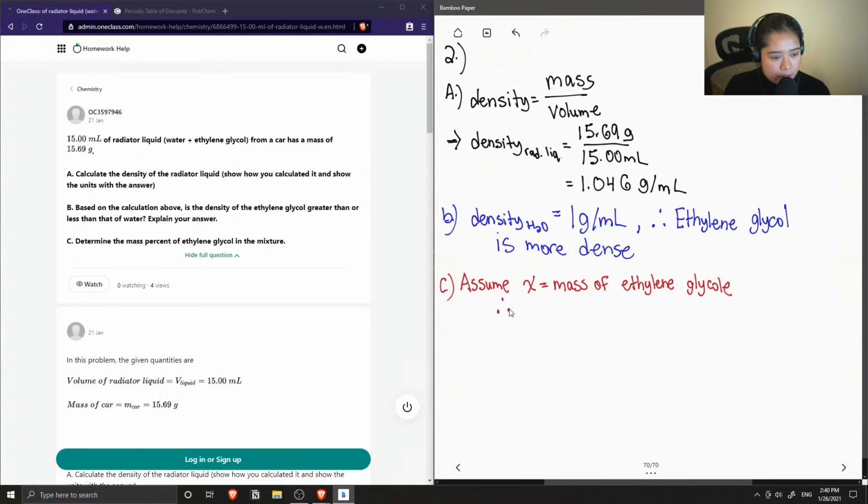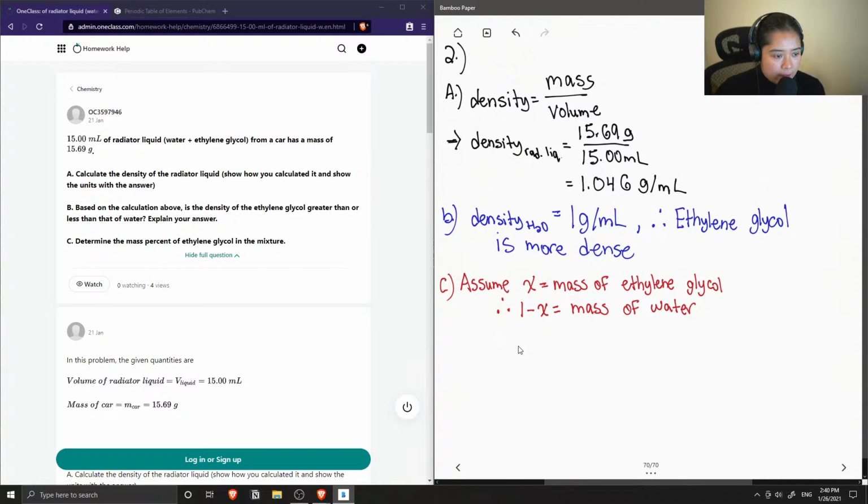So in a mixture containing only water and ethylene glycol, we know that 1 minus X is equal to the mass of our water. So these are based on percentages.